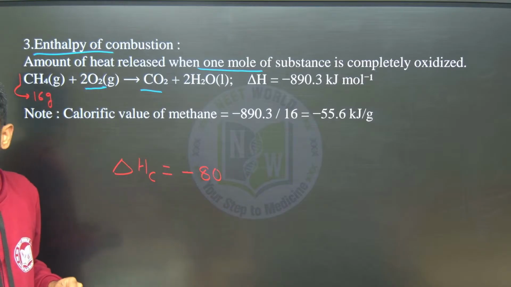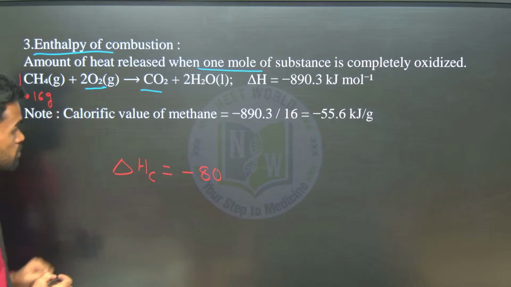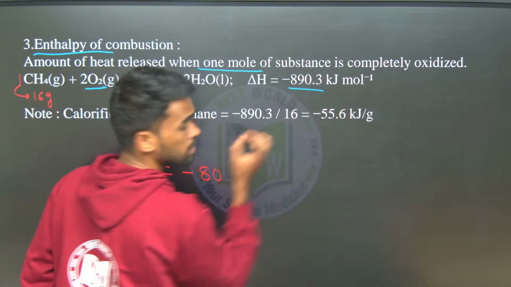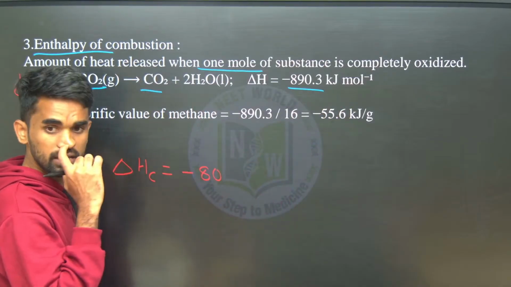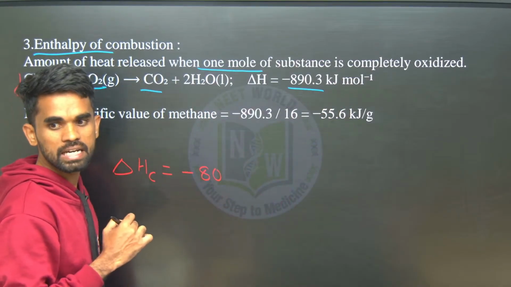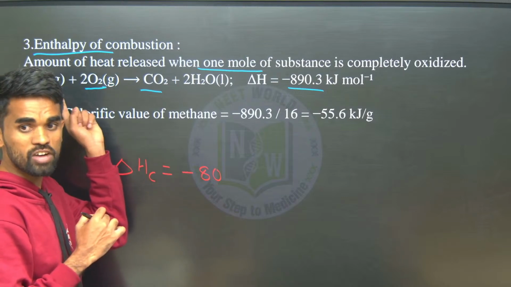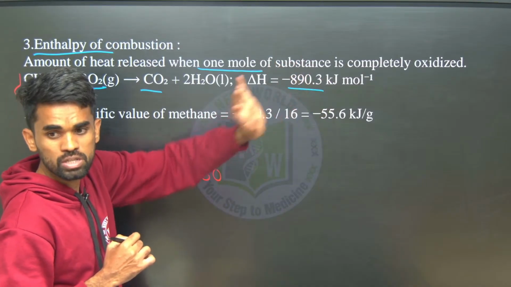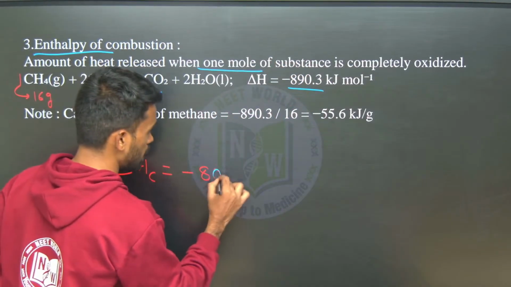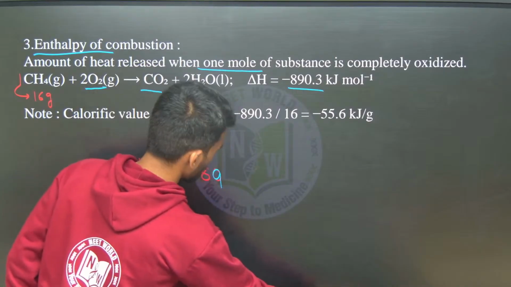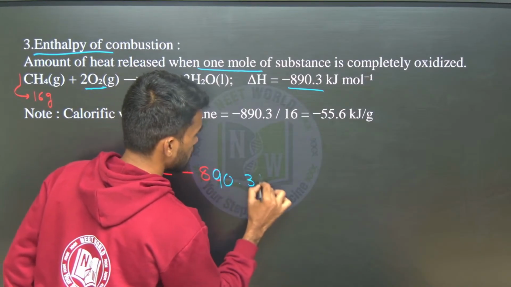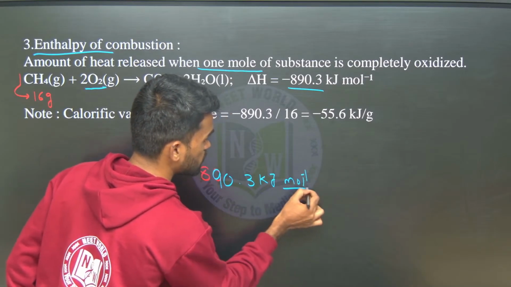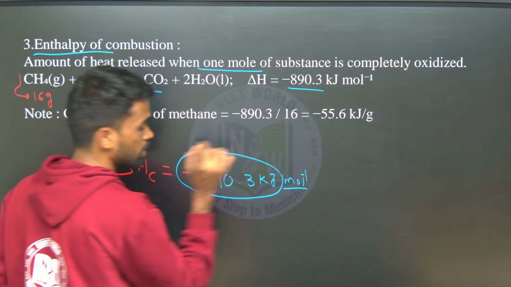So 16 grams upon combustion gives how much heat? 890.3 kilojoules of heat is released when 16 grams, or 1 mole, of methane undergoes combustion. So I am writing here 890.3 kilojoules per mole. It means per mole of this substance we get this much heat.